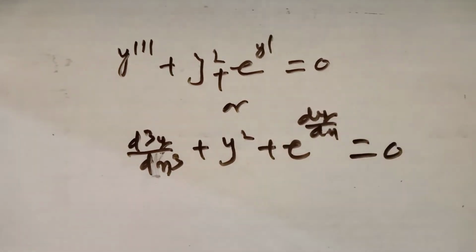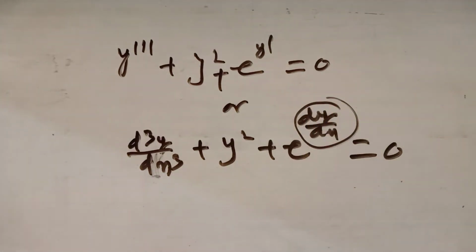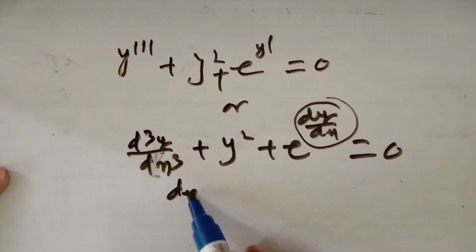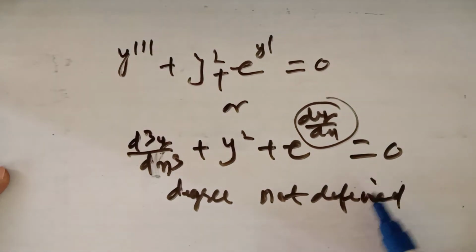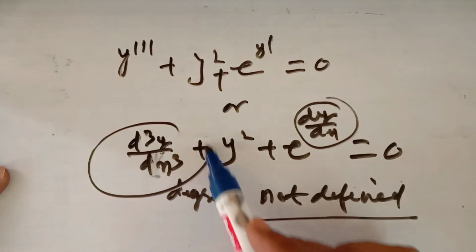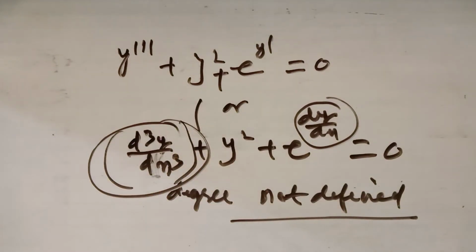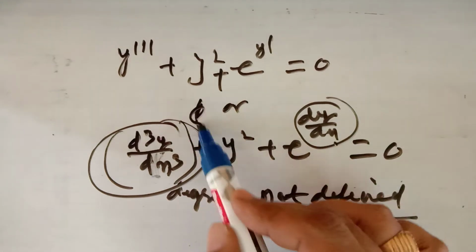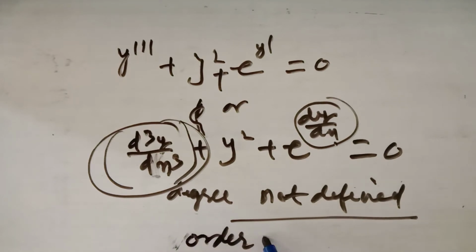So it is not a polynomial in terms of its derivative because the derivative is in the power of the exponential. So therefore its degree is not defined. Its degree is not defined and the highest derivative here is 3, so its order is 3.